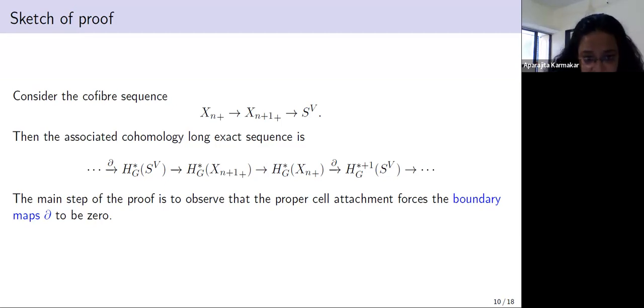The main step of the proof is to observe that the proper cell attachment forces the boundary map del to be 0. So this proper cell attaching is important.